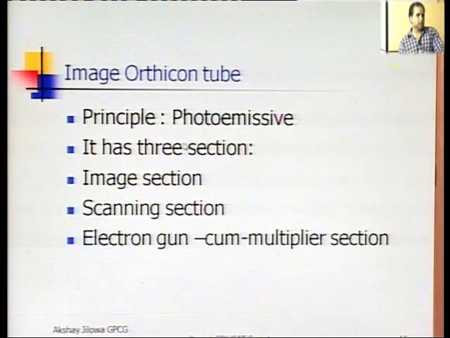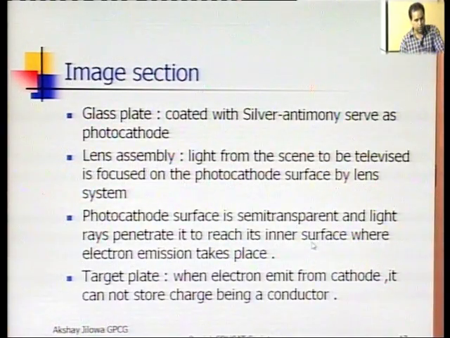Now, we will discuss how it works, the principle of photoemissive used in image orthicon. It has three sections: image section, scanning section and electron gun cum multiplier section. First is the image section. The image section consists of a glass plate coated with silver antimony, which serves as the photocathode.